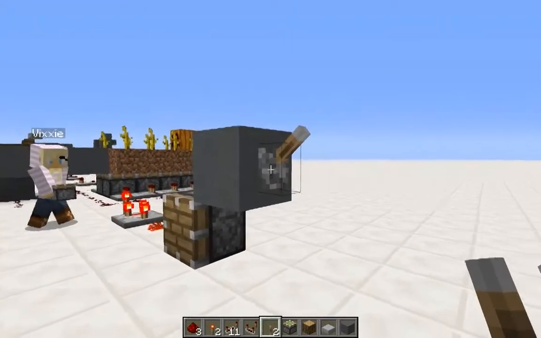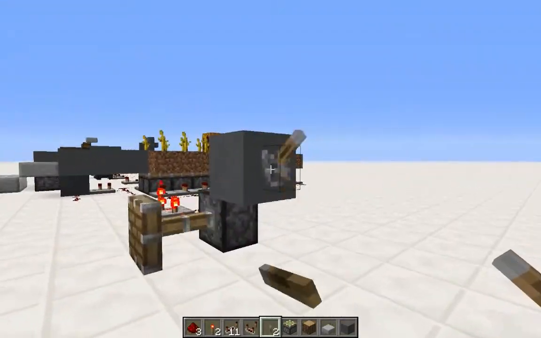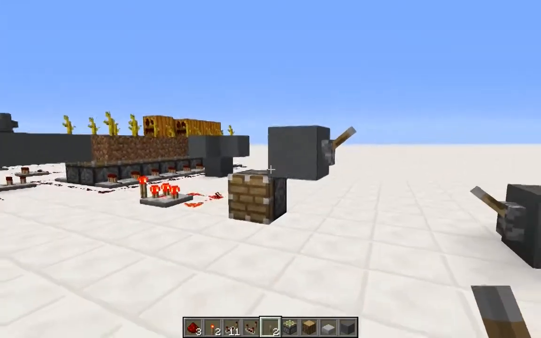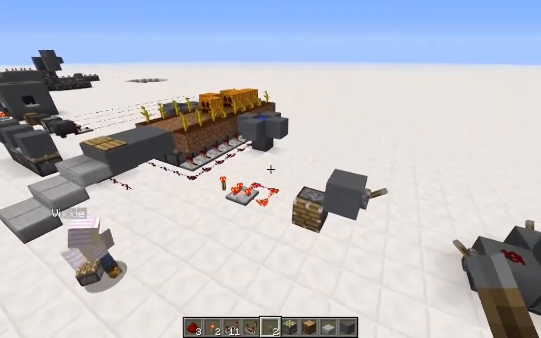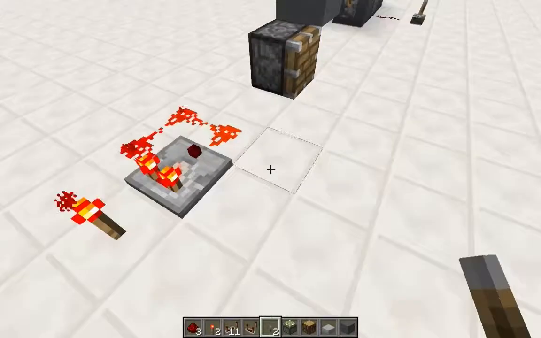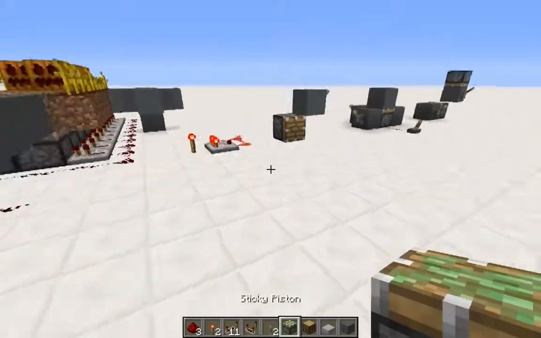So right here, even though it's not adjacent at all, it's still activating the piston as though it's being powered directly. Yeah, I see. So working with pistons, you have to be really careful what's around them.